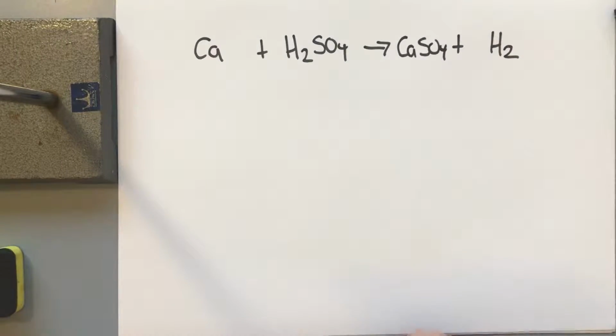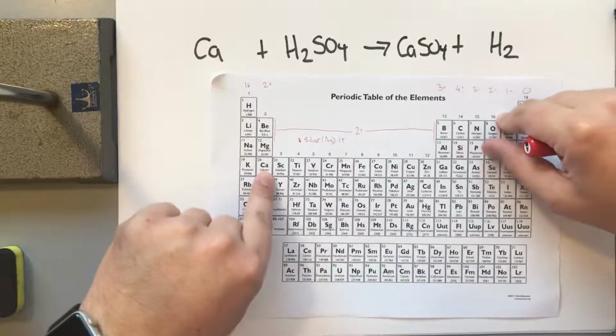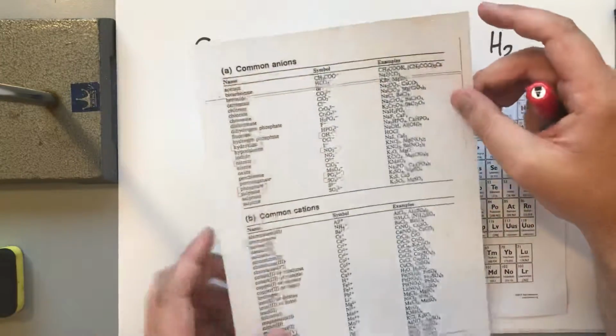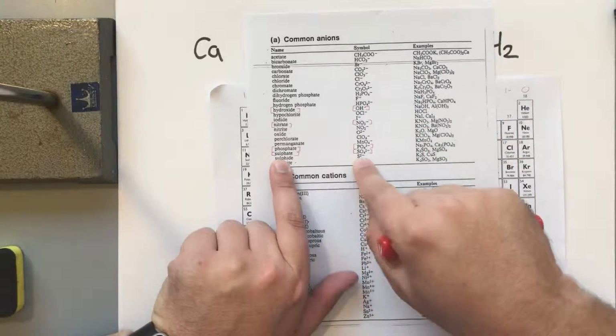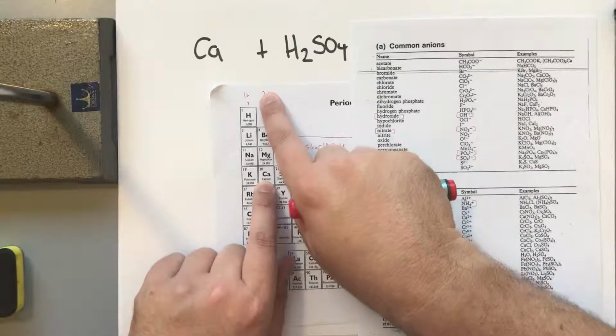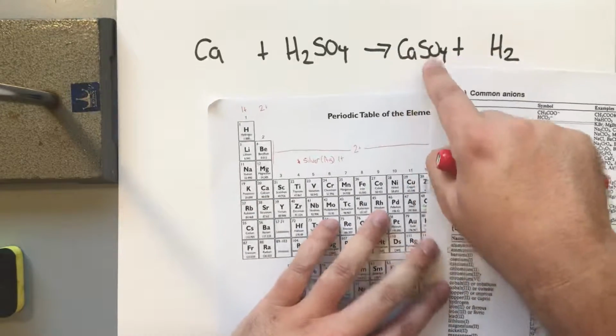We know that hydrogen gas is balanced. So calcium, let's look at our periodic table. Calcium, a valency of 2+. Sulfate is one of our common anions. Sulfate has a valency of 2-. So we have 2+, we have 2-, 2+, 2-.